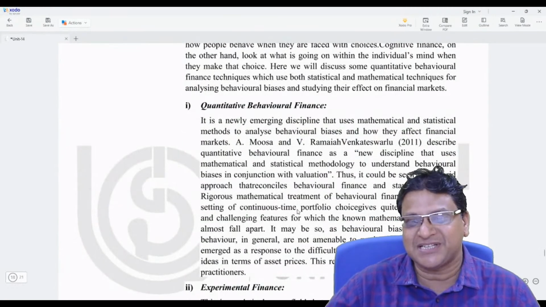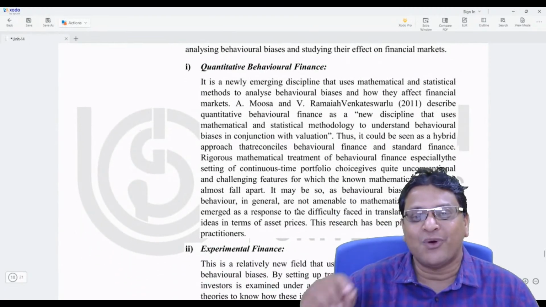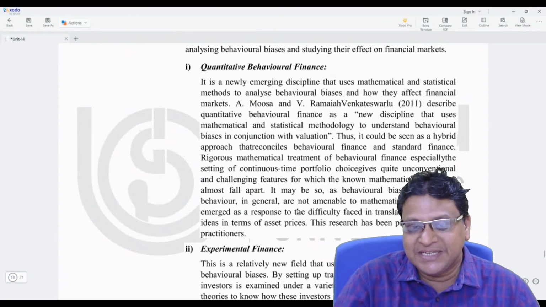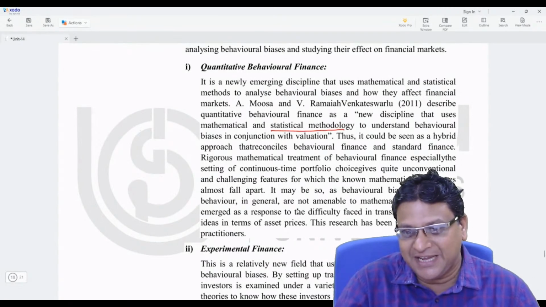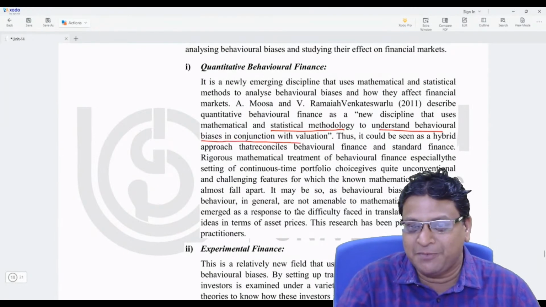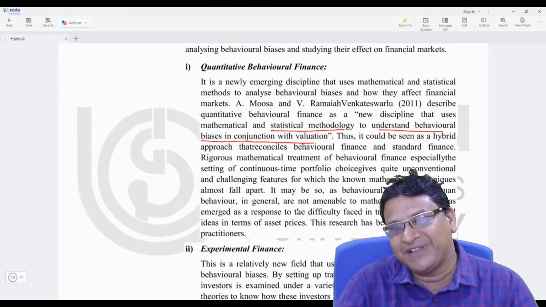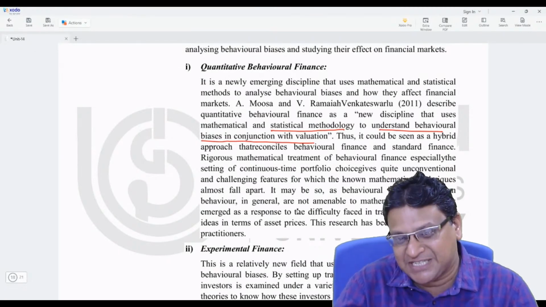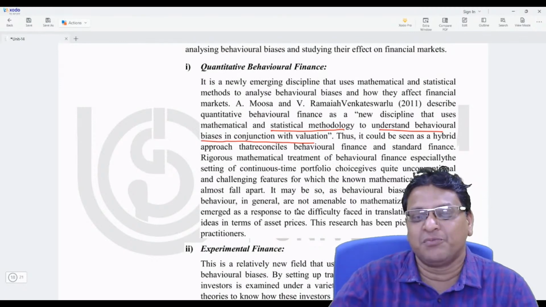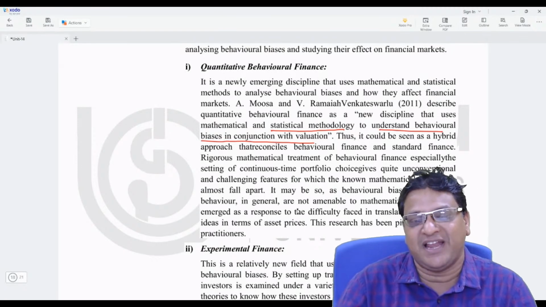Quantitative behavioral finance uses robust statistical methodology to understand the behavioral biases. So it's a combination of statistical technique and behavioral bias. And we study the behavioral bias and make valuation of the stock on the basis of robust statistical methodology used in behavioral finance or behavioral biases.